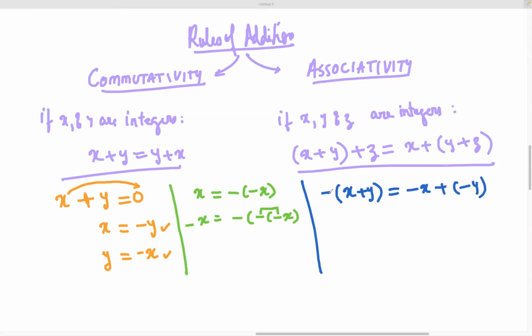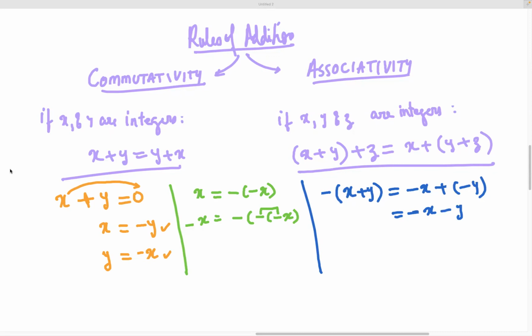When we multiply the negative sign with what is inside the parenthesis, we convert these signs to minus. So therefore we get the minus x and we get the minus y there.